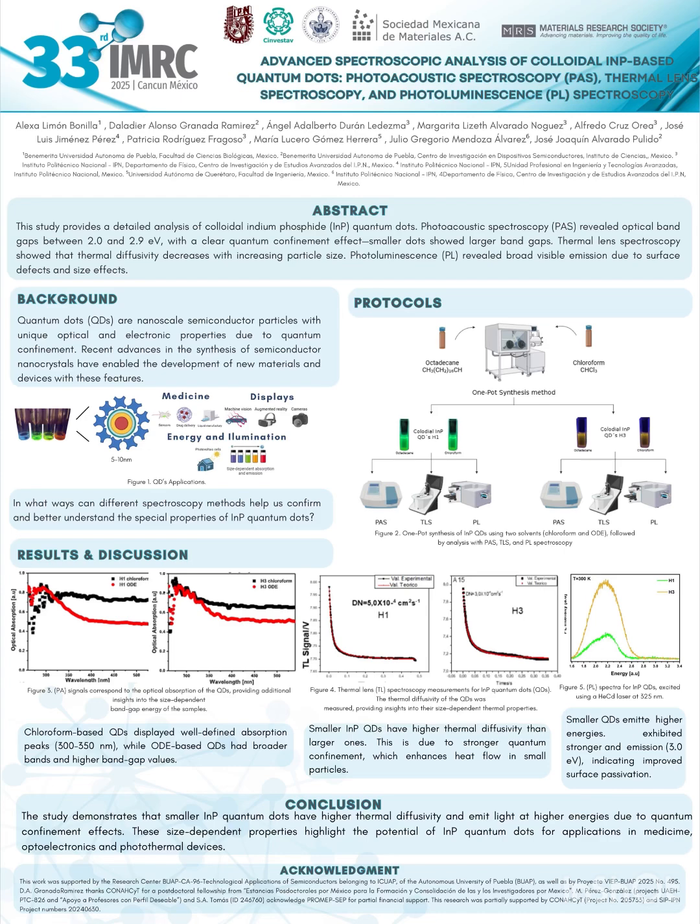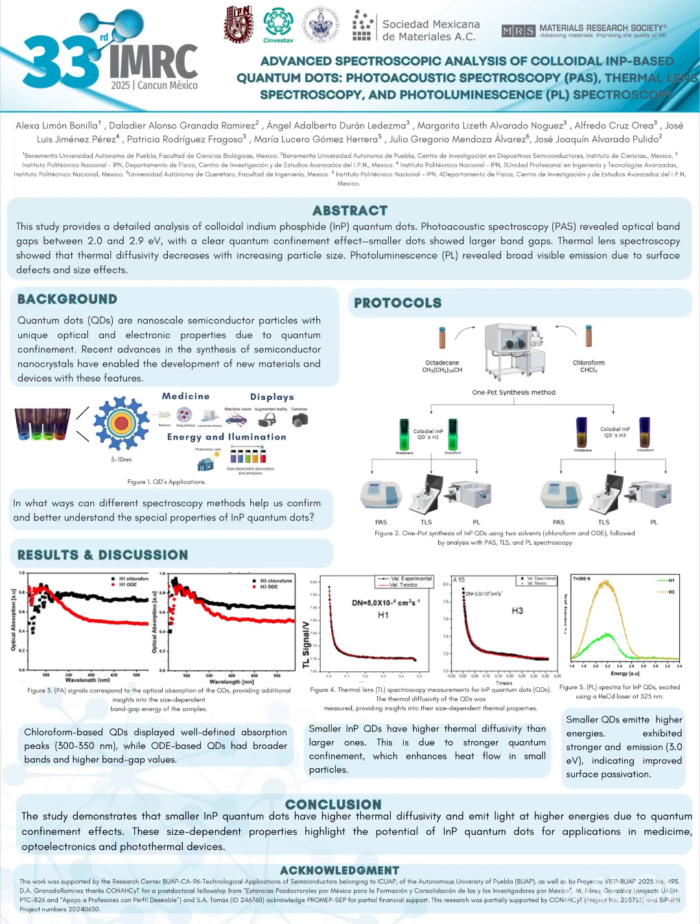Moving on to thermal lens spectroscopy, we know that this technique is used to investigate thermal diffusivity, measuring the changes in the refractive index caused by localized heating. In this case, we're going to see how quantum confinement influences heat dissipation.